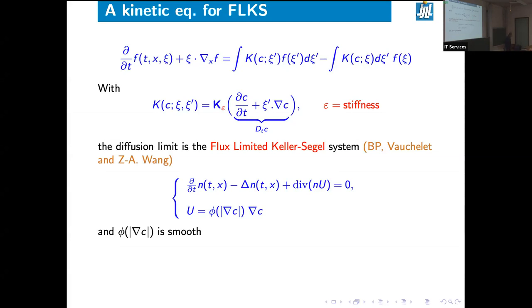So maybe I can draw a picture if I can find chalk here. So in some sense, if I put here DTC, rather than going from this to this, which is a stiff case, what you do is you do something which is like that.